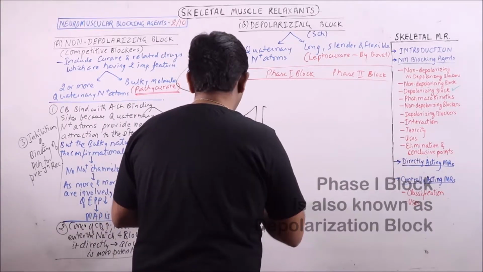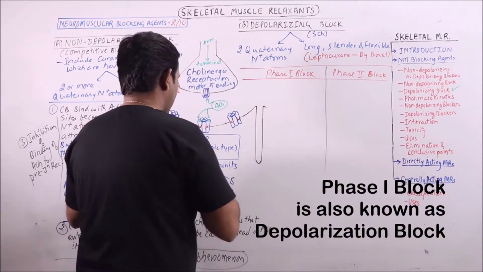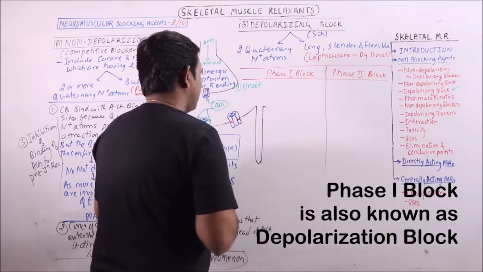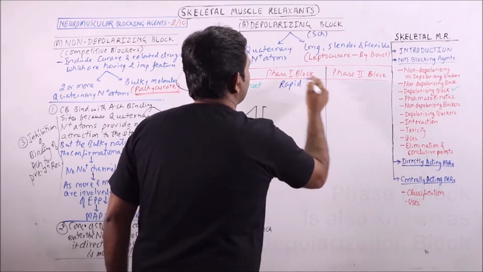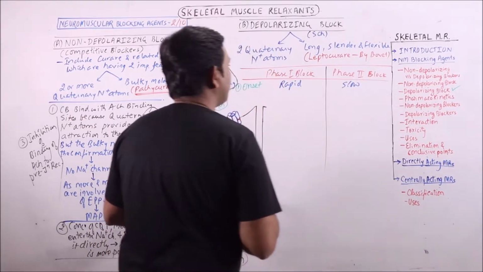Now we'll compare these blocks. First is onset. Onset is rapid in phase 1 block and it is slow in phase 2 block.